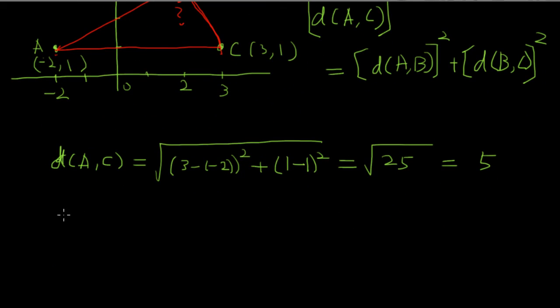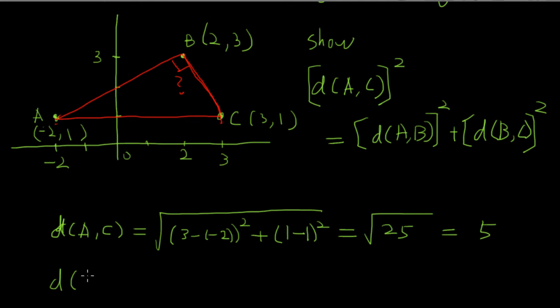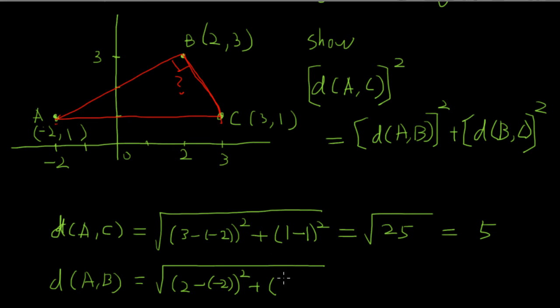Okay. What about the distance between A and B? Let's go for this distance, A and B. So that must be x2, 2, minus x1, negative 2, squared plus y2, 3, minus 1 squared.